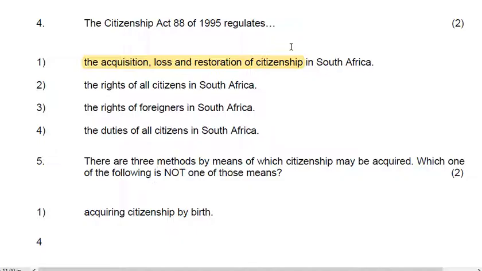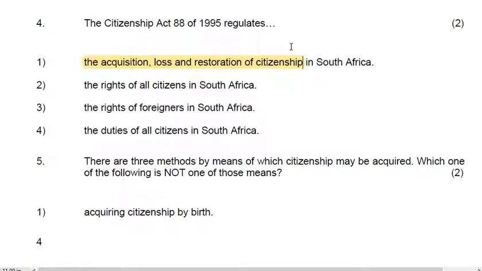So when we look at option 2, it says the rights of all citizens in South Africa. No, it doesn't correspond. Third option, the rights of foreigners in South Africa. No, it doesn't correspond. The duties of all citizens in South Africa. It also doesn't make sense, right? So our answer has to be 1.